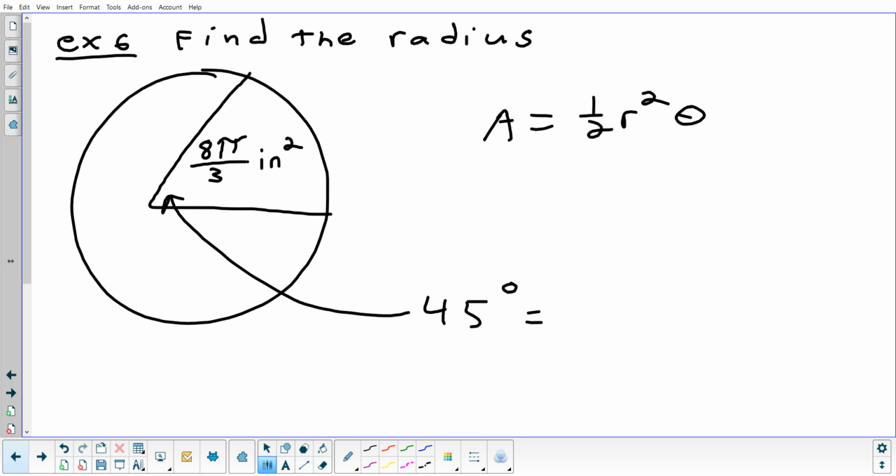And the first thing I see right away, I see something in degrees. That's no good. We have to change to radians. Anyone tell me what 45 degrees would be if you change it to radians?